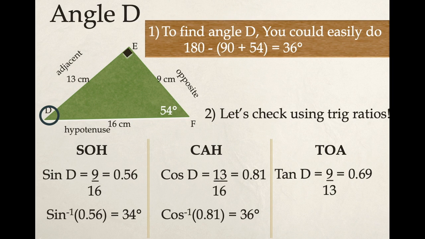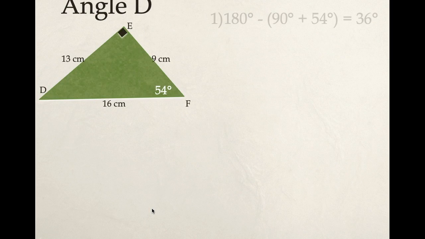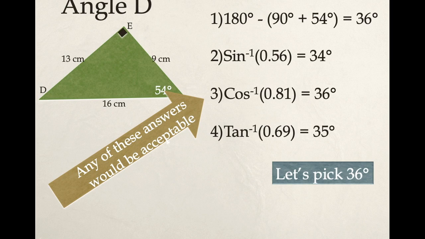TOA, meaning opposite over adjacent, would be 9 over 13, and it would be 0.69. However, the arctan of that is 35 degrees. So we have 34, 36, and 35 degrees, knowing that we're aiming for 36 degrees, but these are all acceptable answers. So in the end, we're going to pick 36.